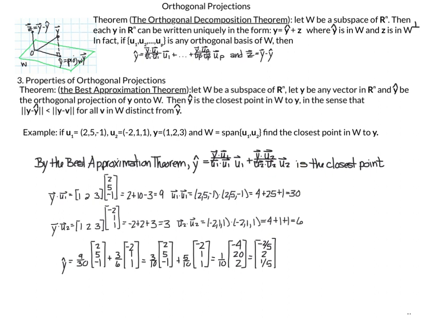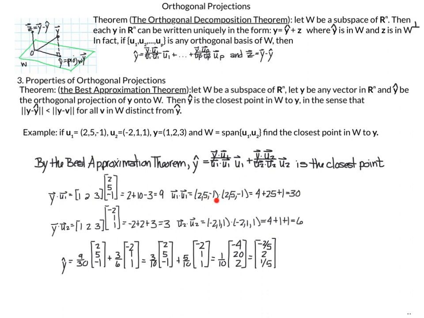So here I have y dot u1, the numerator of the first coefficient: y is equal to 1, 2, 3 dot u1, which is 2, 5, negative 1, is equal to 9. u1 dot u1, and I just decided to use it in this form because it's less space consuming.